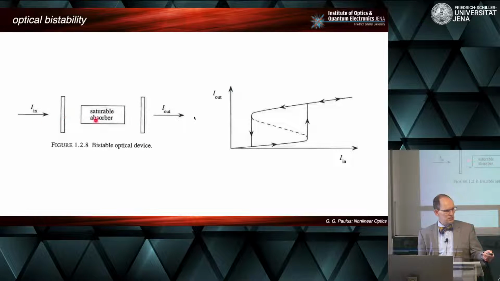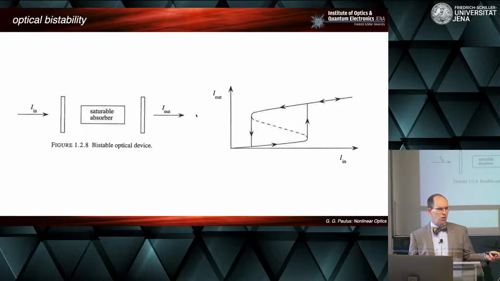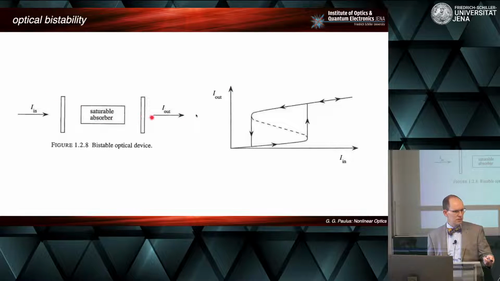So it depends on the finesse of this cavity. Now you put a saturable absorber inside, and if the intensity is too low, then it will just block the light, right? And only a small amount of light will come out.